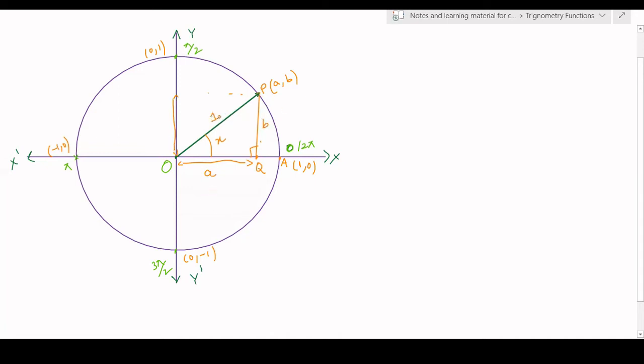And OP is 1 unit since it's a unit circle, keeping every time the radius as 1 unit.